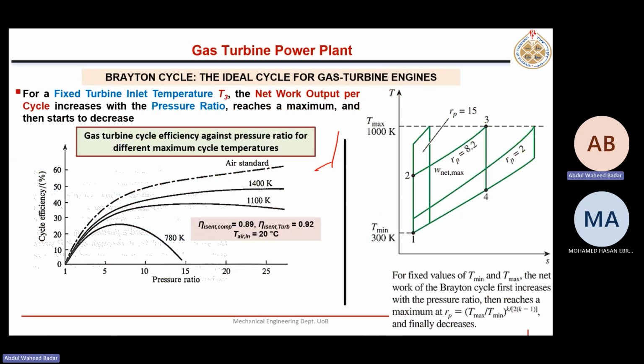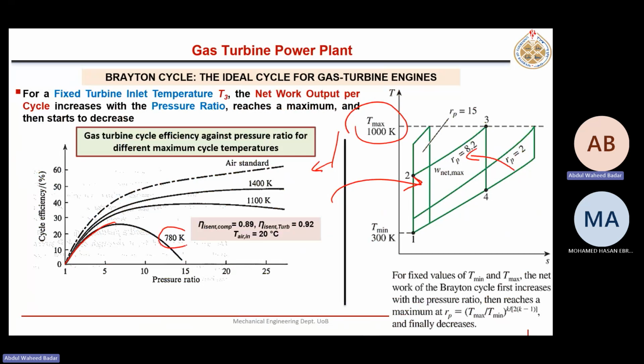Here, now this graph, I took it from the other book, McConkey's book. He is explaining the same thing. By fixing T maximum, now if you are increasing this pressure ratio, initially with the increasing pressure ratio, efficiency increases, but then there is a drop. For example, here you see 3 curves.